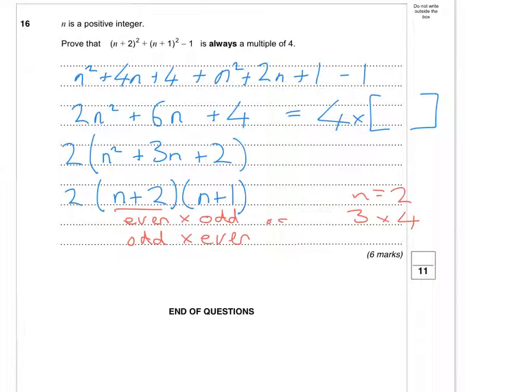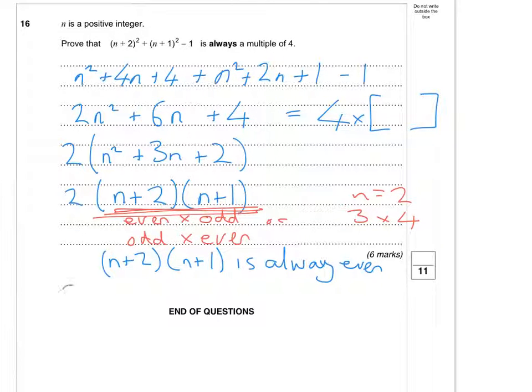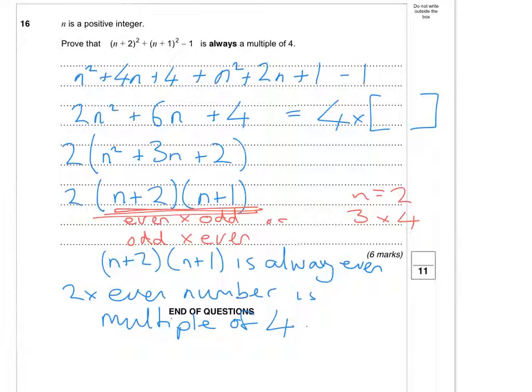So this part here will always be even. So (n plus 2) times (n plus 1) is always even. 2 times an even number is a multiple of 4. And that'll have to do.